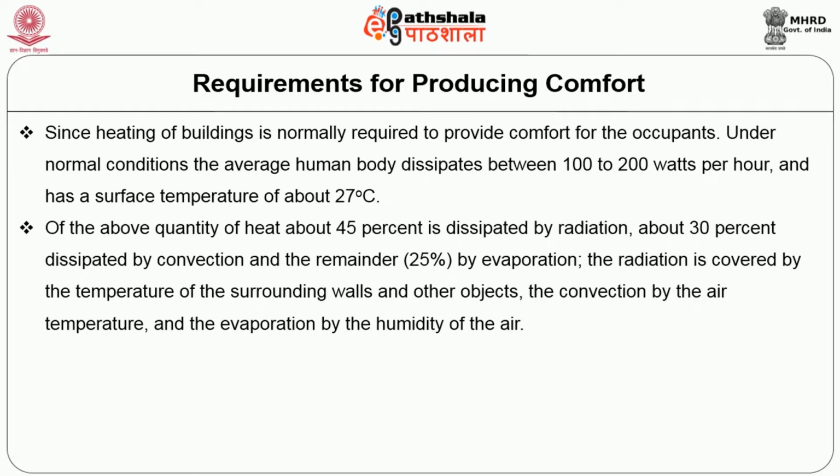Of this quantity of heat, about 40% is dissipated by radiation, about 30% by convection, and the remainder, 25%, by evaporation. The radiation is governed by the temperature of the surrounding walls and other objects, the convection by the air temperature, and the evaporation by the humidity of the air.